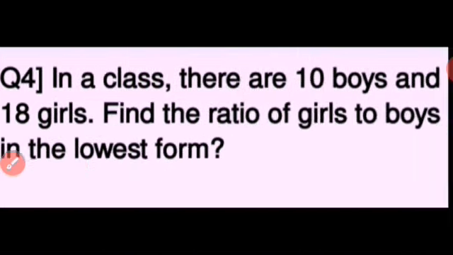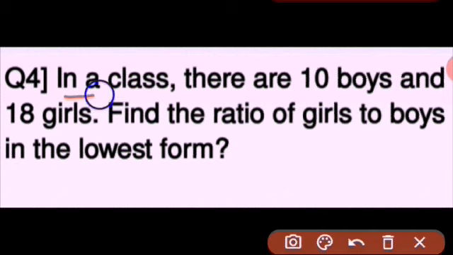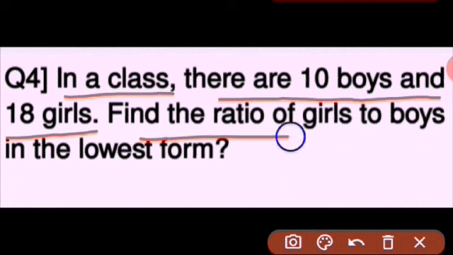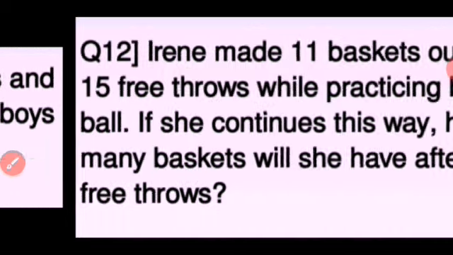Next question. In a class there are 10 boys and 18 girls. Find the ratio of girls to boys. You have to read the question carefully. Girls to boys, so first you write girls: 18:10.